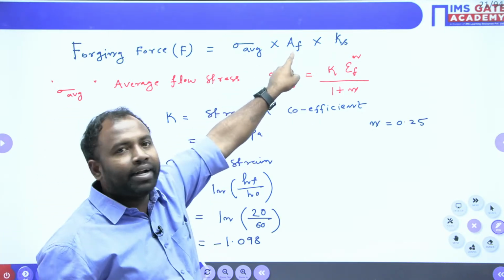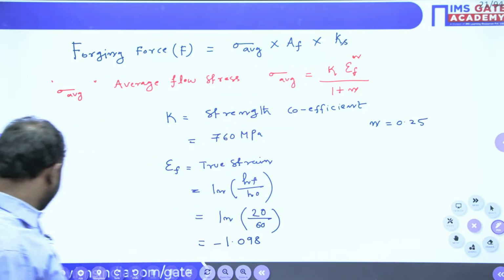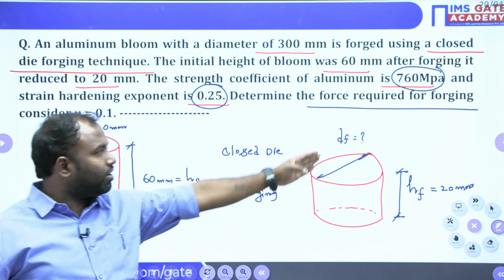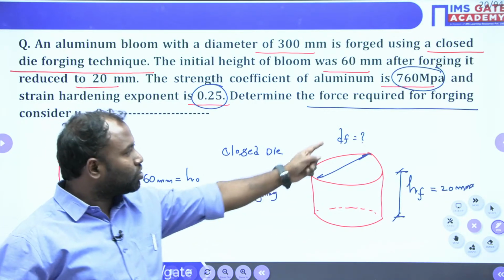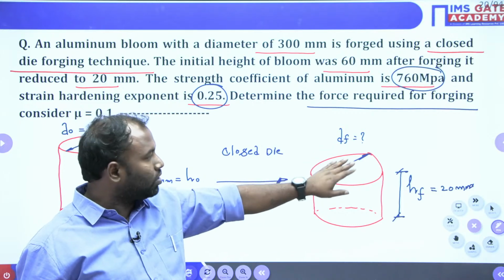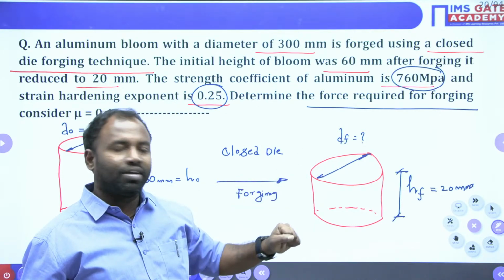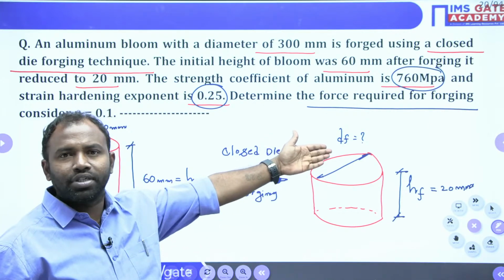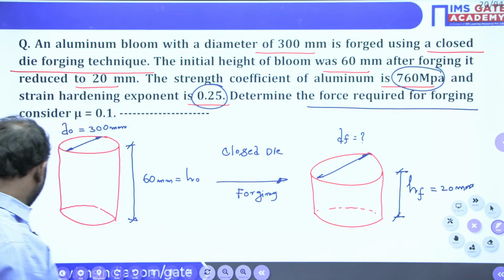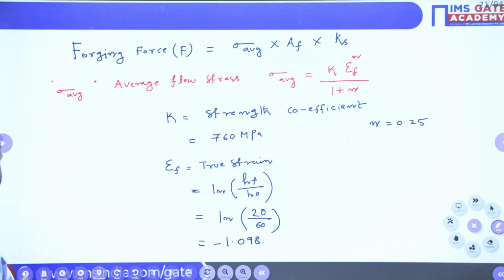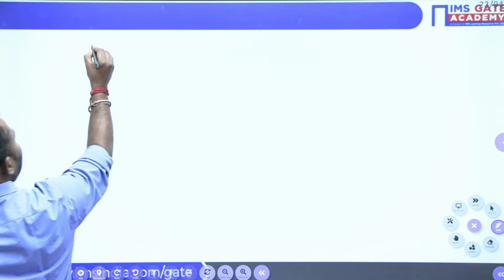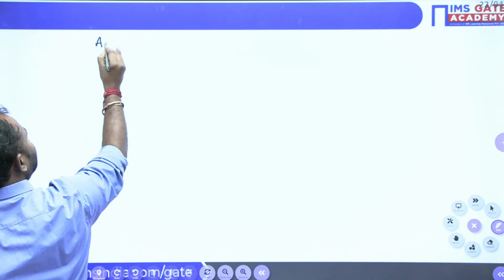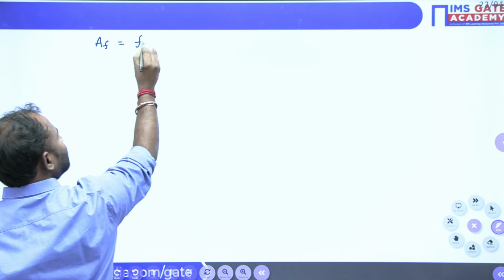Now we have to find AF, the final cross section area of the component. How can we find it? The final cross section area of the component is equal to pi by 4 DF square, right? We don't know DF. Now let us calculate that.